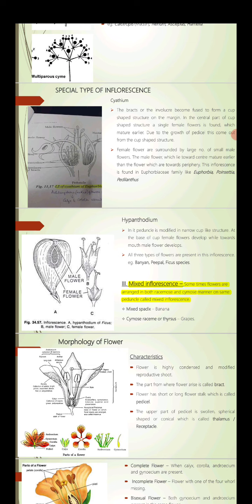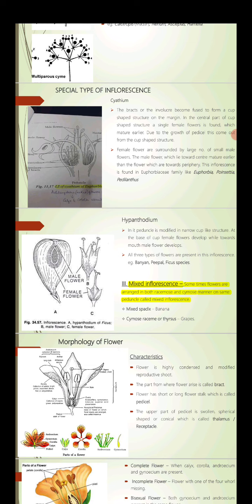In the racemose inflorescence, flowers are borne laterally. In the cymose inflorescence, flowers are actually terminal, though they may appear to be lateral. In the racemose inflorescence, the growing point does not end in a flower. In the cymose inflorescence, the growing point or terminal bud always ends in a flower.